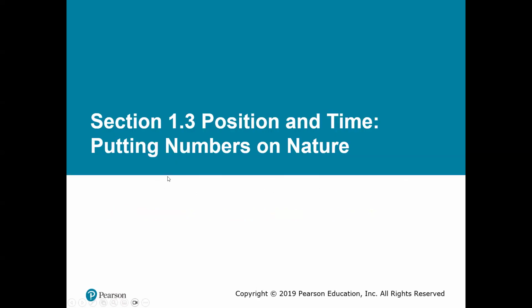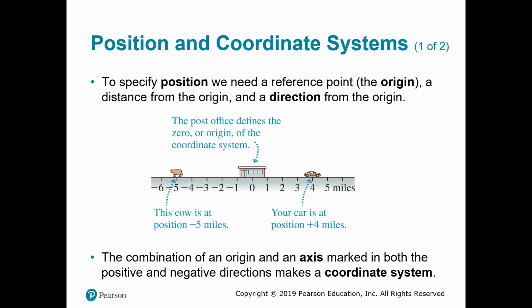So now this is our first concept: position. What is a position, right? In order to describe or specify position, we need a reference point, which is the origin, right? You already have an idea. And then, because this is one-dimensional space, we need a direction from the origin.